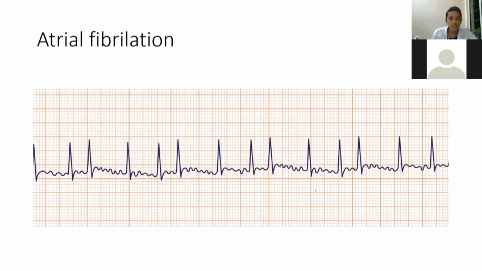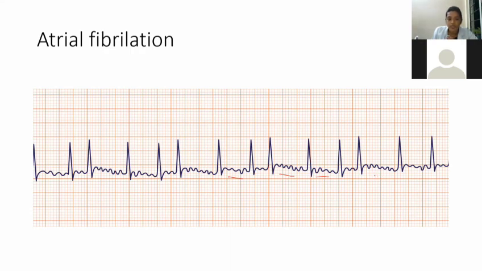This is an ECG showing atrial fibrillation. Here you can see that the P waves are not in the normal shape, and there are numerous small irregular waves. These are known as fibrillatory waves, which are present in atrial fibrillation. The QRS complex is present, and the P to QRS ratio is many to 1.